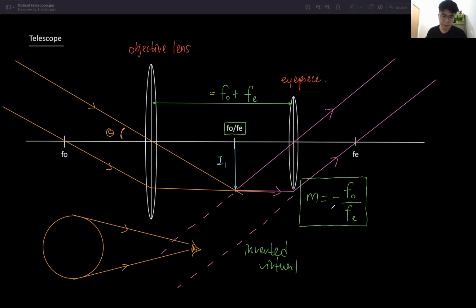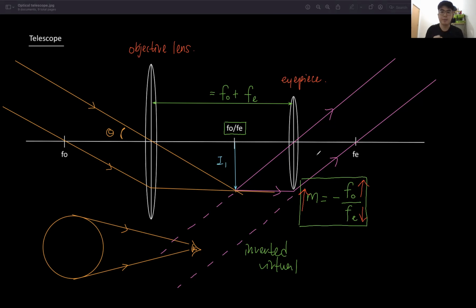Now you can see the magnification depends on the ratio of FO and FE. If I increase FO, the focal length of the objective lens, and decrease the focal length of the eyepiece, I can increase the magnification.